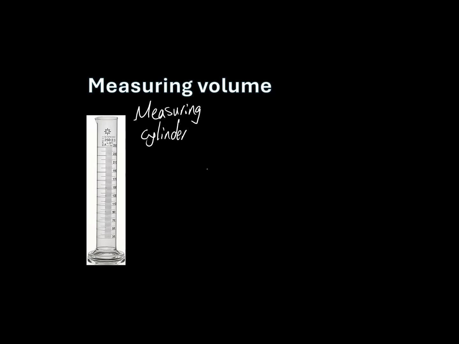But how can we use this one? Please pay attention to these points because we have many questions coming in paper 6 talking about the precautions when we deal with these measuring cylinders.